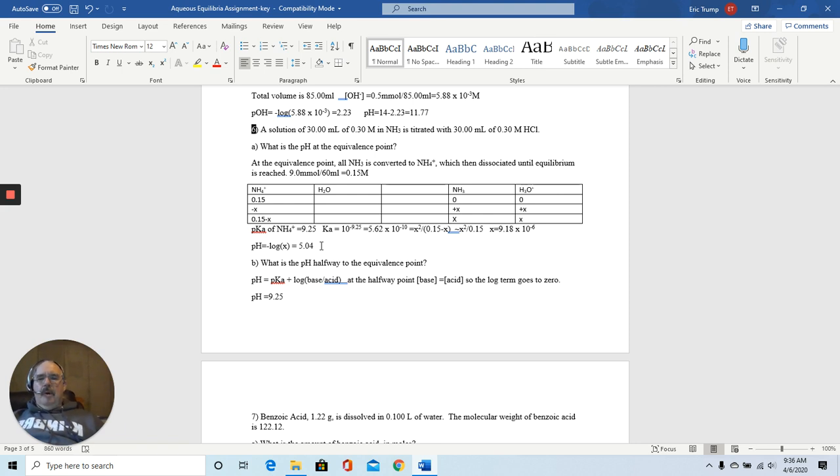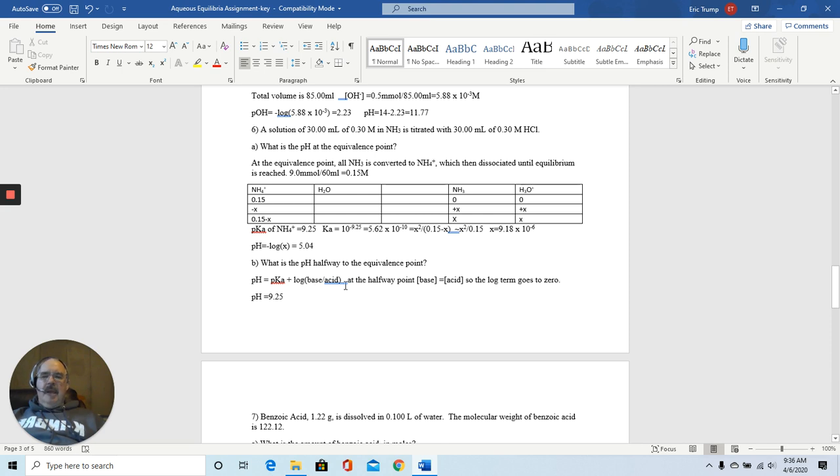Okay, for part B, what is the pH halfway to the equivalence point? Okay, we could set up another ice chart, or we could simply recognize that this is in a buffer region, and halfway to the equivalence point, we have converted exactly half of the ammonia to its conjugate acid.